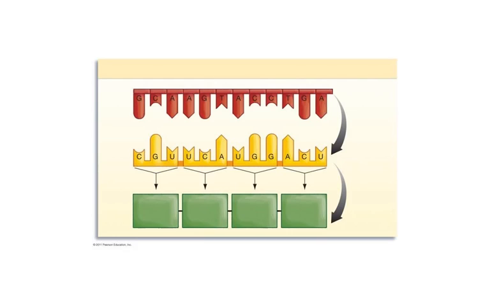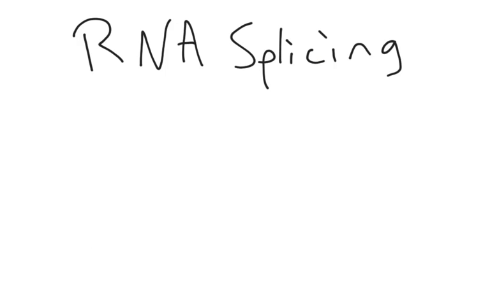Here's also another picture of transcription as well. Okay, you can see how we code from the coding strand of DNA or the template strand of DNA to our RNA. Now we're going to talk about RNA splicing. RNA splicing is what allows us to have a variety of proteins or traits with limited genes.